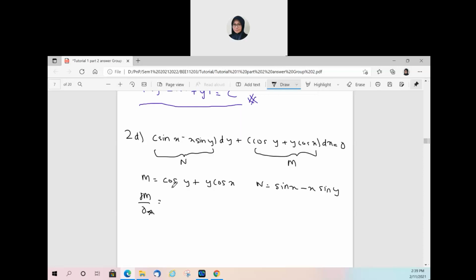Negative sin. Ada x tak kat situ? Tak ada, kosong.